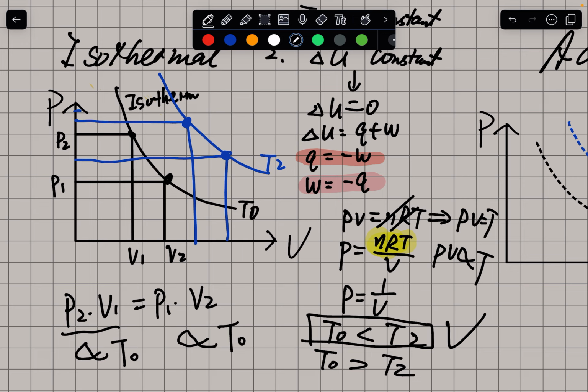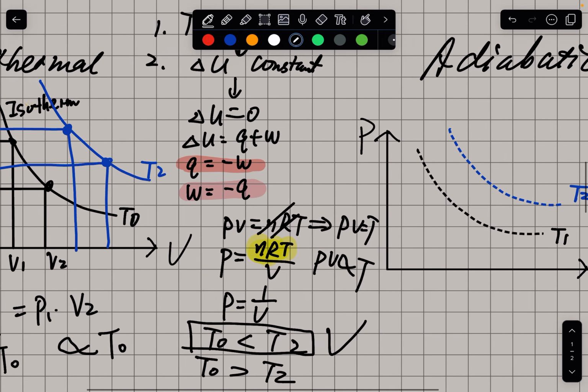Because the P times V of the black isotherm is smaller than the P times V of the blue isotherm, so T2 is larger than T null, given the relation that PV is directly related to T. All right, so this is the isothermal diagram.